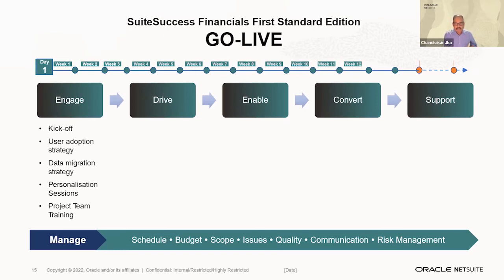We can decide on the number of years, and we provide our templates upfront, even before we start the project, so that data can be collected and populated in our templates. It can be mapped, cleaned, and reviewed. A typical term is garbage in, garbage out. We don't want the data to be uploaded and then reviewed. We want that data to be reviewed before we upload it, and we take it as a parallel activity.